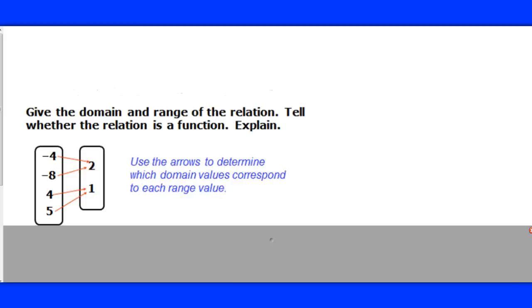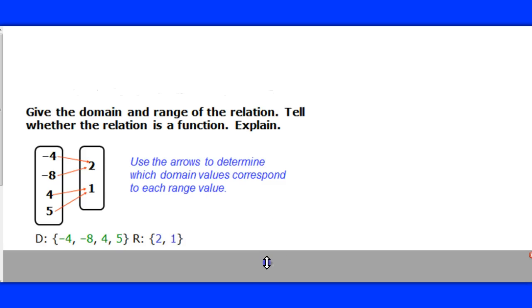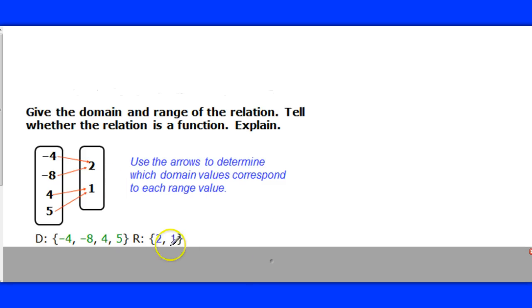You can also tell if something's a function from mapping. All right, my domain here is going to be -4, 8, 4, and 5, and my range is going to be 2 and 1. I can see that there are no repeating x values, but also I can see that there are not two arrows coming from the same x value.